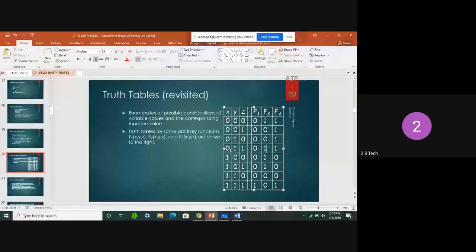That is the other combination where f2 is 1. The third combination is 1 0 0, when x is high and y and z are low. Low in the sense we can represent it as y bar and z bar. If 0 is there, then we can represent it by bars. Clear, all of you?